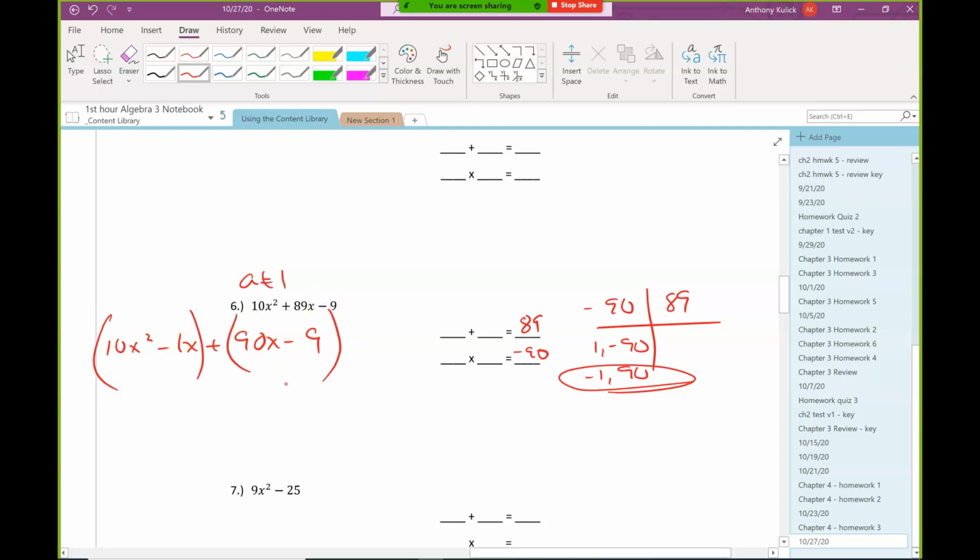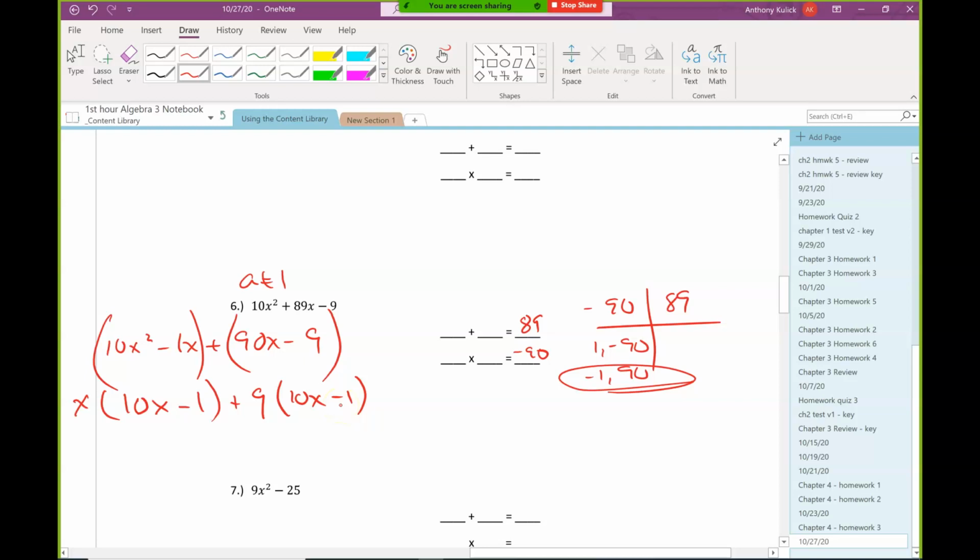From the first group, my greatest common factor is just x. That's the only thing in common. So if I take that out, I'm going to have 10x minus 1. In the second group, my greatest common factor is positive 9. When I take that out, I also have 10x minus 1.